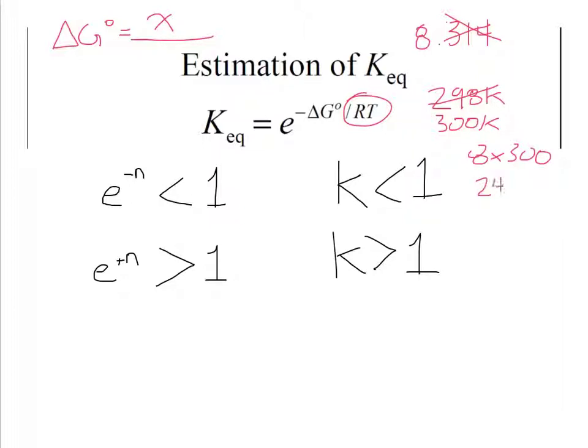And that's going to be 2,400. Then you would just look at your delta G value, compare it to this one right there, keeping in mind that those two are divided, and it's going to be the negative. And so then you would just think of your e's. Is it going to be greater than 1, less than 1? Is it going to be a lot greater than 1, or a lot less than 1?